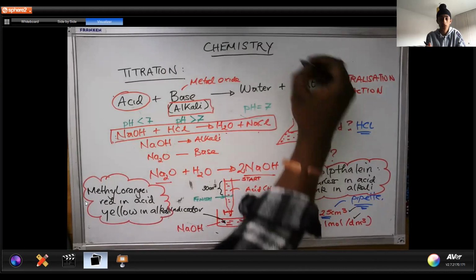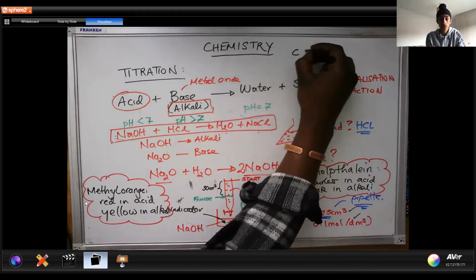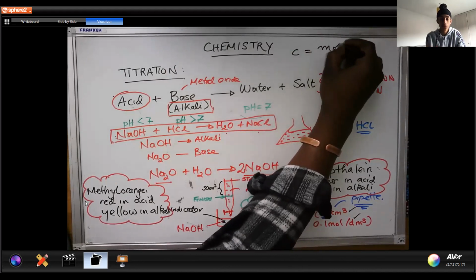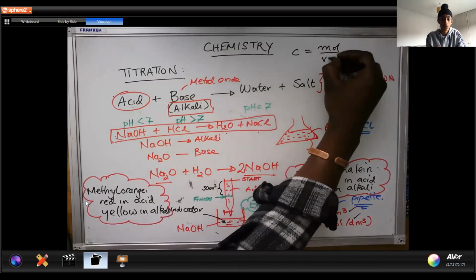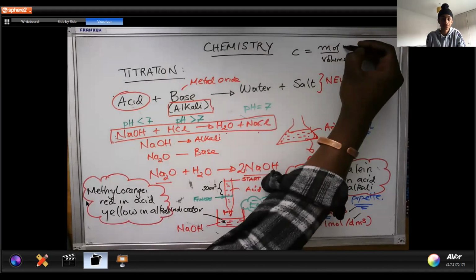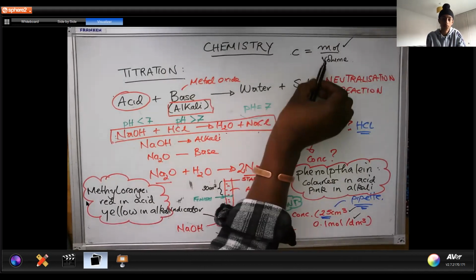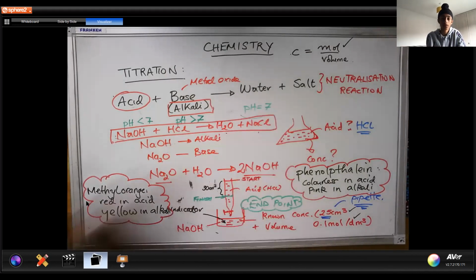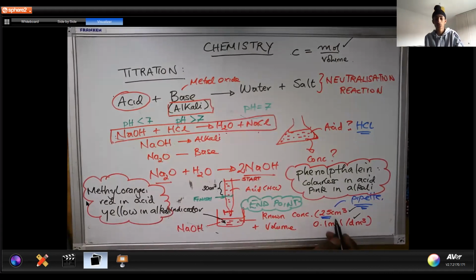Well done, Jay. So if I want to work out moles, it'll be concentration times volume. The volume is 25, and then concentration is 0.1 per decimeter cubed.